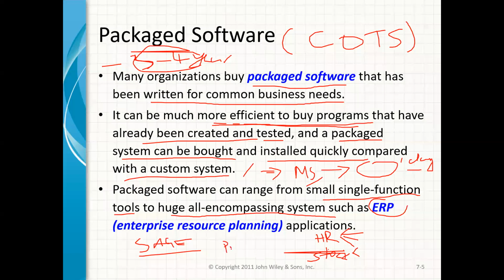You can have a module for procurement if you need to procure something. So you understand this system, ERP, it's a big system in any organization and it can serve all the departments. If I'm working in administration, I have my module there. If I work in human resource management, I have my modules there. If I work in procurement, I have my modules there. So everything in one system.